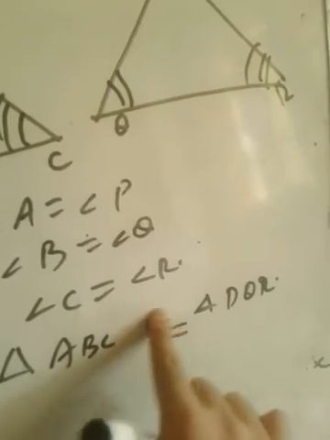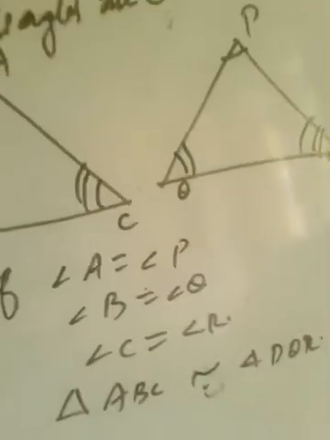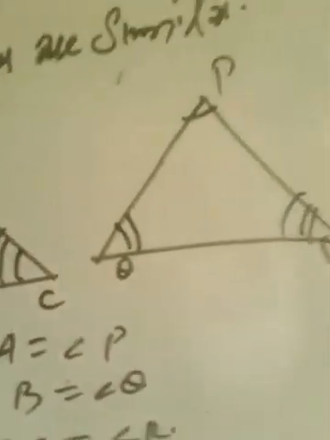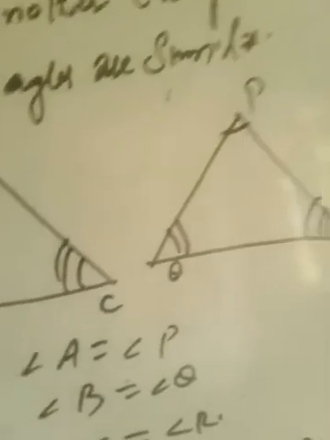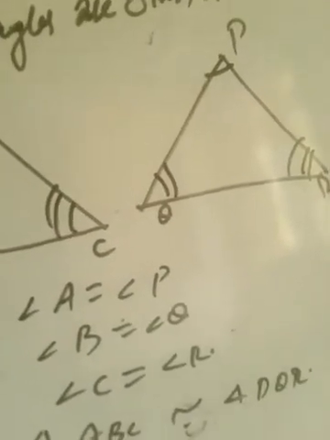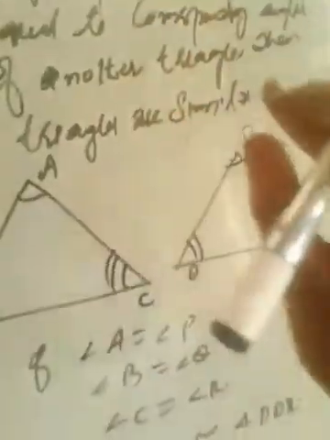This is the similarity notation. So this is the concept of AAA similarity.